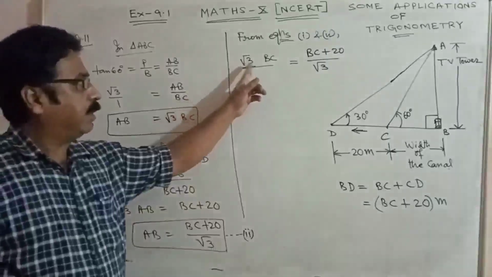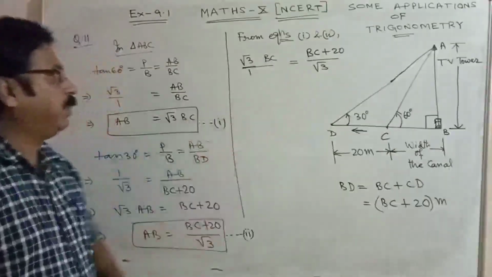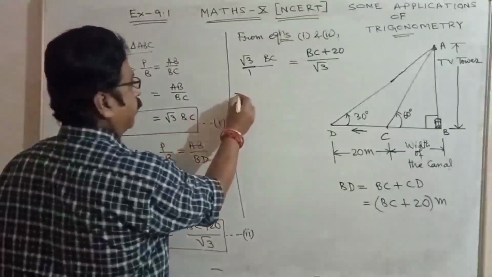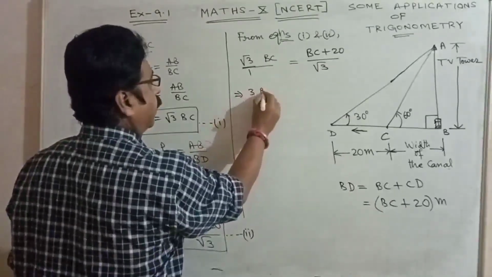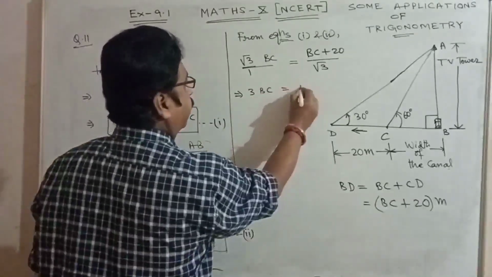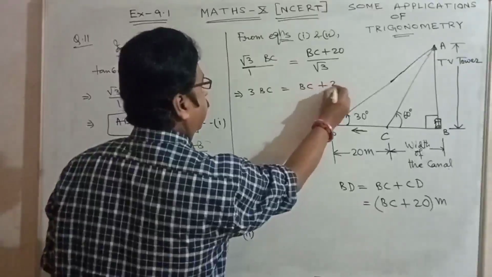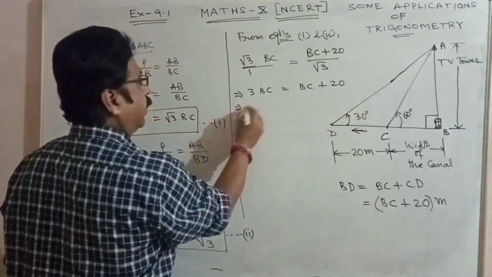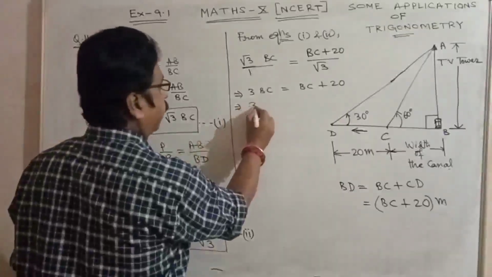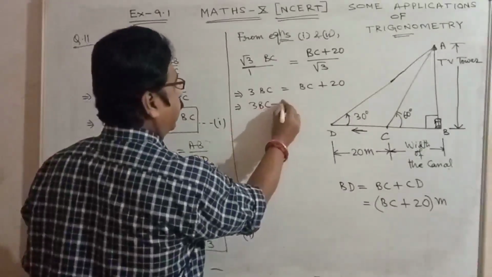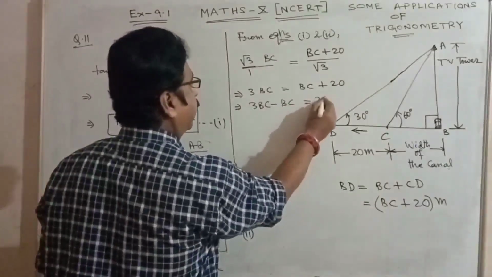Cross multiplication, root 3 into root 3 means it will be 3. It will be 3 into BC, means 3 BC equals to BC plus 20. 3 BC minus BC equals to 20.